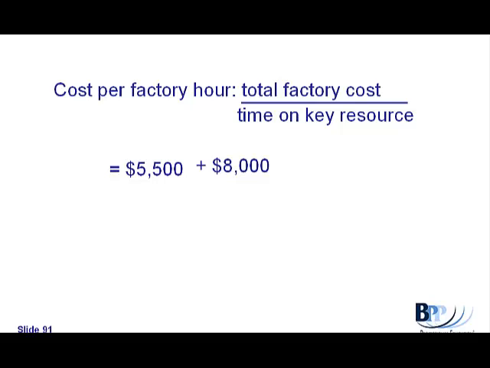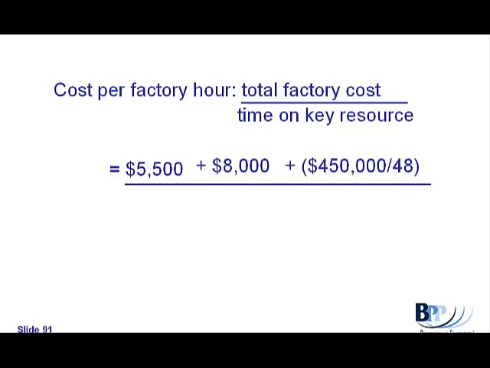We know that we have 48 weeks in a year, so we want to bring in a 48th of that cost. We're then going to divide that by the time on our key resource. We've got 40 hours in our week, so we divide that by 40, and that will give us a cost per hour of 572.